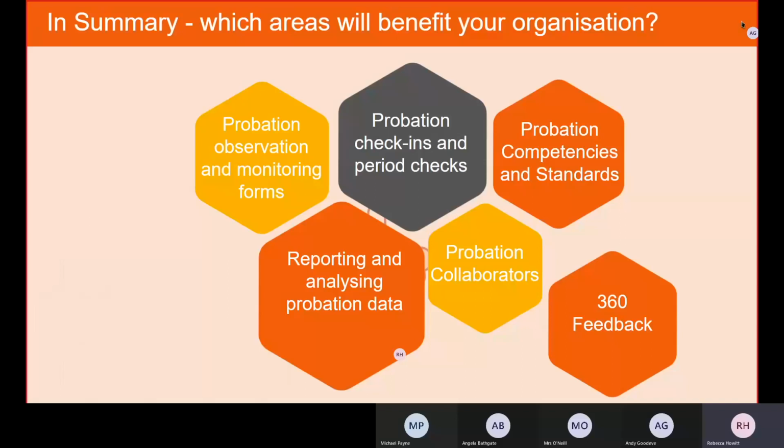So when you do come to your end review of the probation period, you've got a really, really clear overview of how this person is performing.